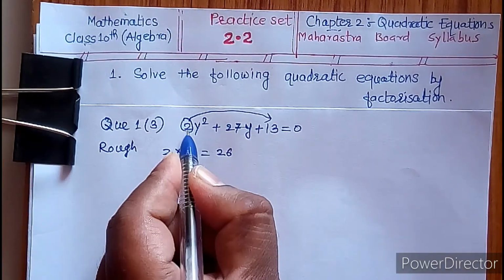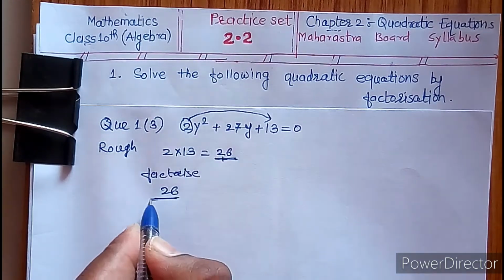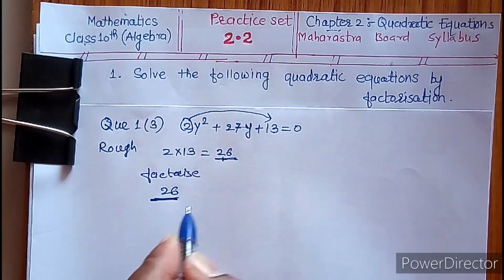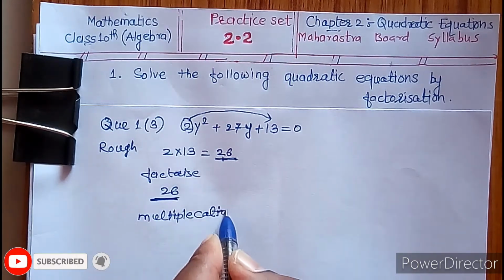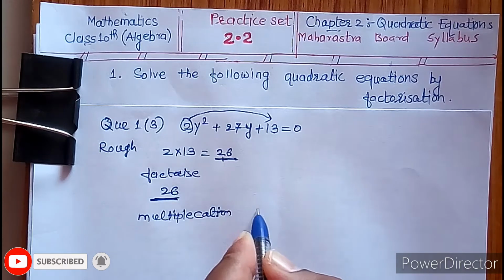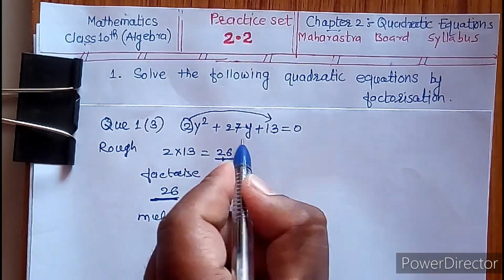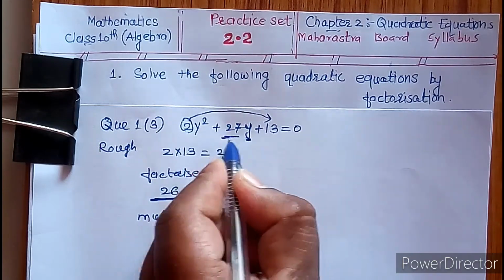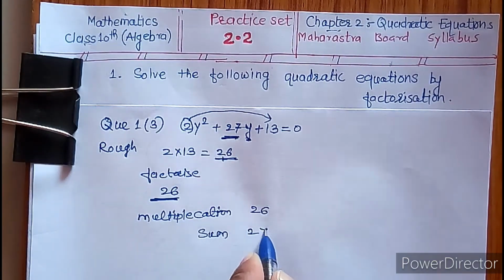We have to factorize 26 in such a way that the multiplication of these factors will be 26 and the sum of these factors will be the coefficient of y. 27 is the coefficient of y, therefore the sum of these factors will be 27.